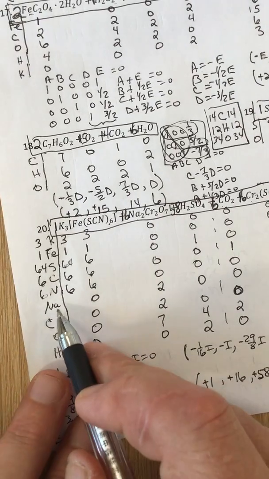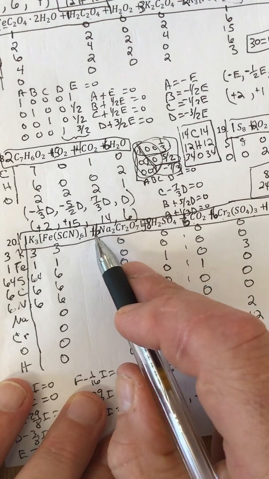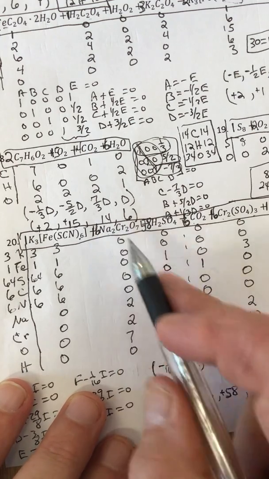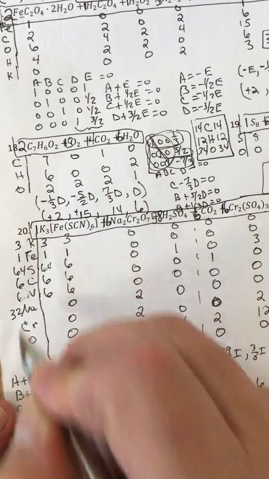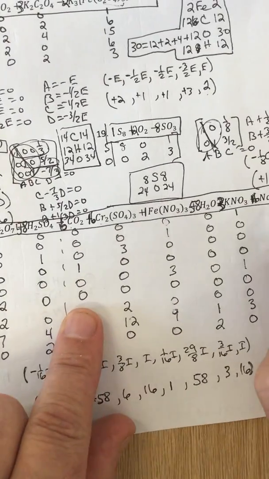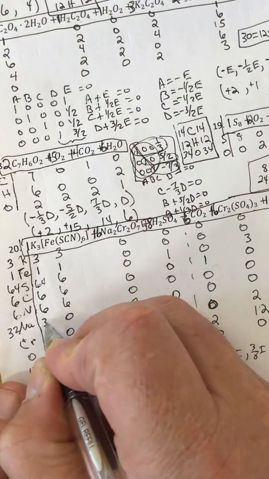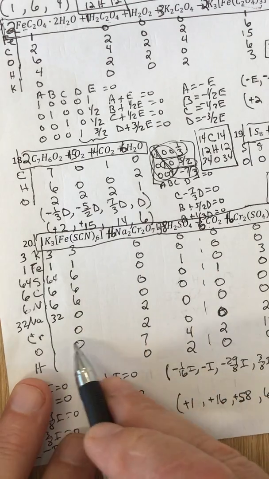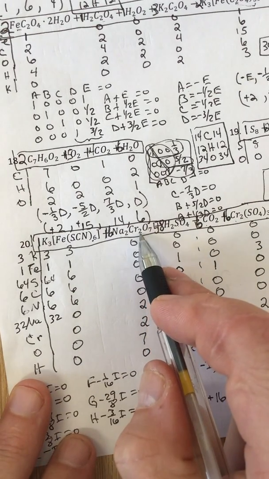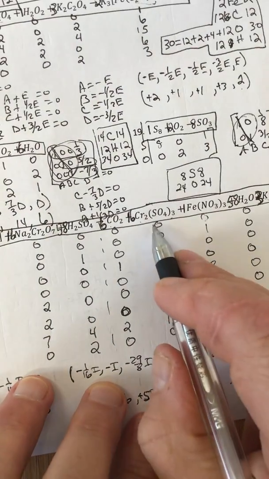Things are working out well. Sodiums. Okay, there's 2 of them, 16 times. So there's 32 of them. Here's the other sodium, 2 of them, 16 times. So there's 32 sodiums on both sides. The Crs. There's 2 of them, 16 times, so 32 of them. The rest of them are right here. There's 2 of them, 16 times.